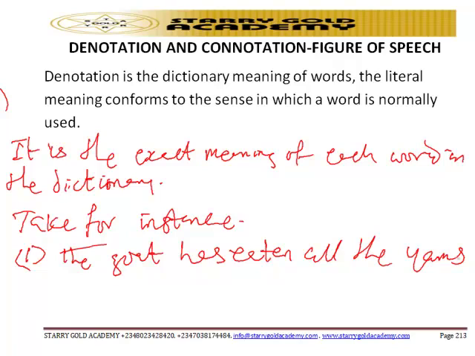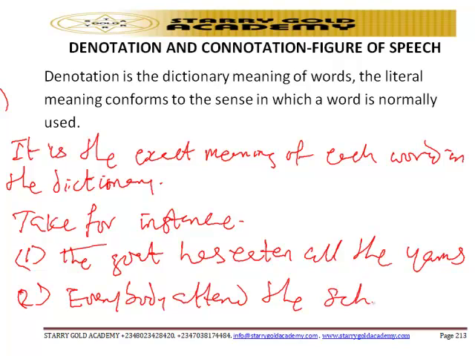You can see now this is literal meaning, exact meaning. The next one, number two, everybody attend the school. This one is also dictionary meaning. So we have a lot of them.